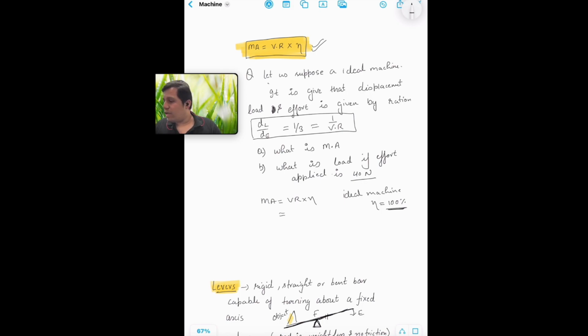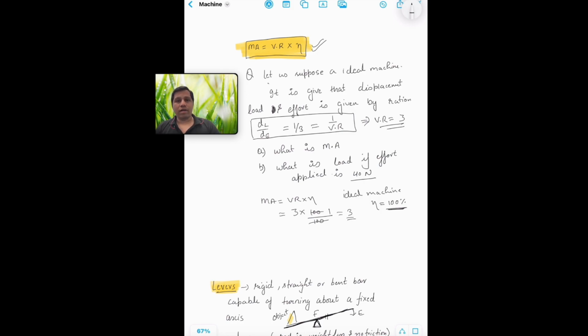So if I get the velocity ratio, it would be 3, isn't it? 1 by 3 is equal to 1 by velocity ratio, which simply gives you velocity ratio equal to 3. And your efficiency is 100%, so 100% is converted into the fraction 1, and the value is 3.